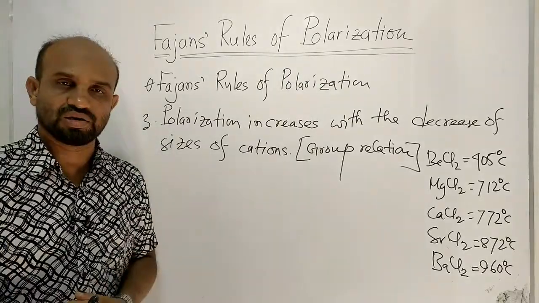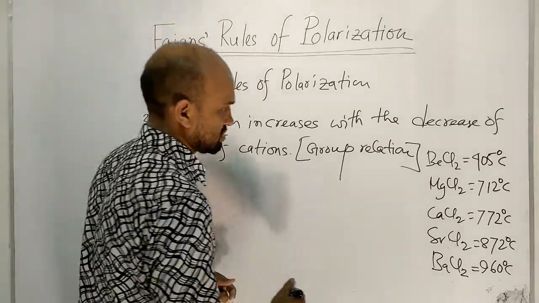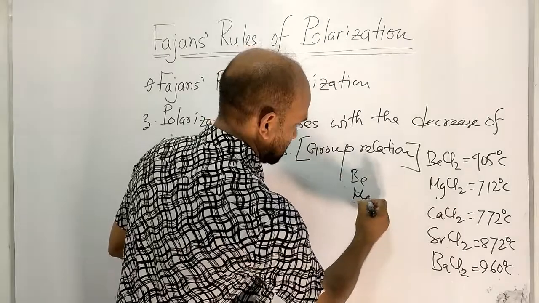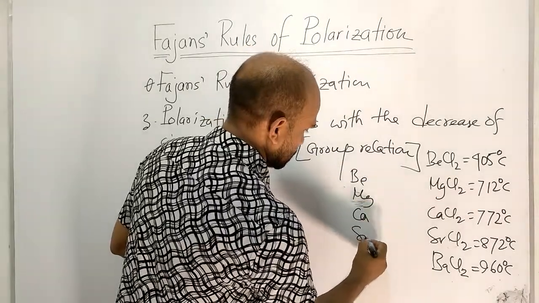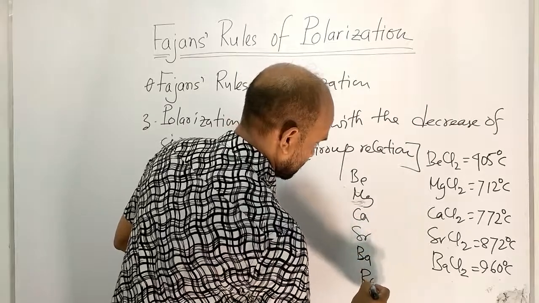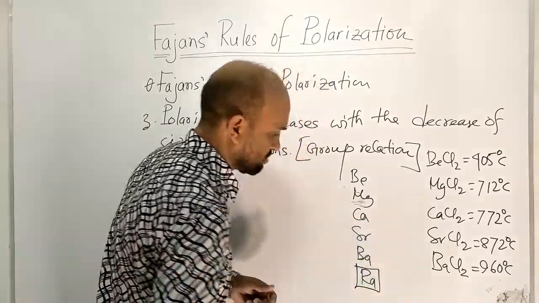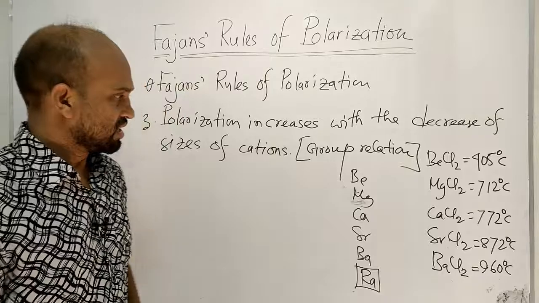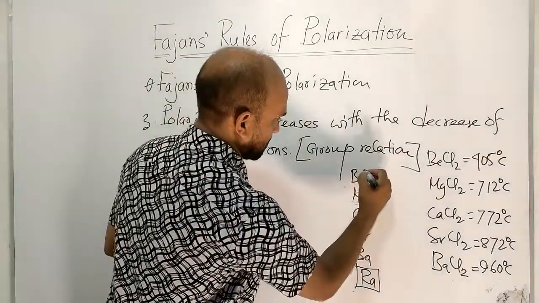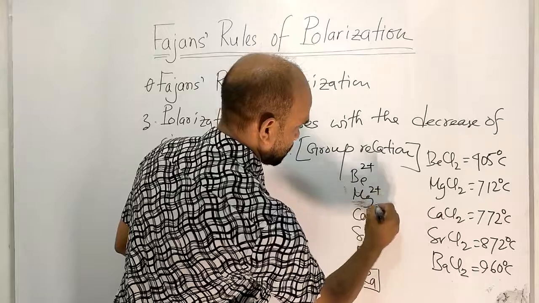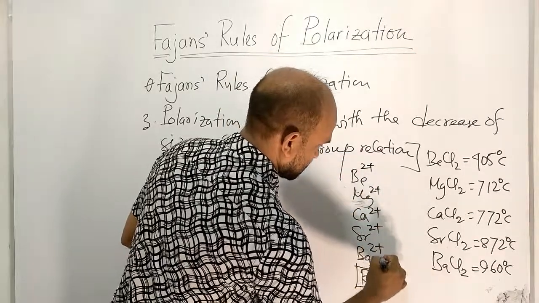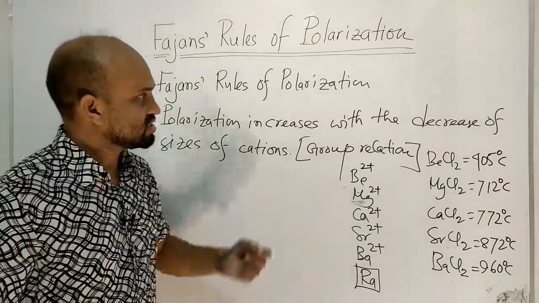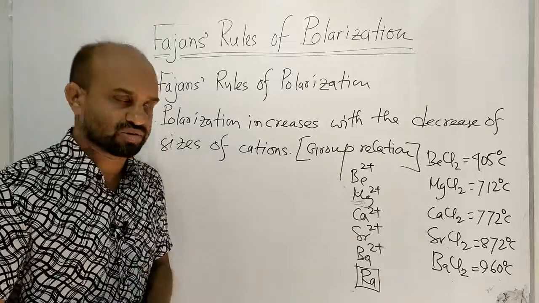Now let's take elements of a particular group. That means the second group: beryllium, magnesium, calcium, strontium, barium, and radium. Radium is a radioactive element, so it is kept out of consideration. And the cations are all 2 plus, up to barium 2 plus. According to this rule, polarization increases with the decrease of sizes of cations.